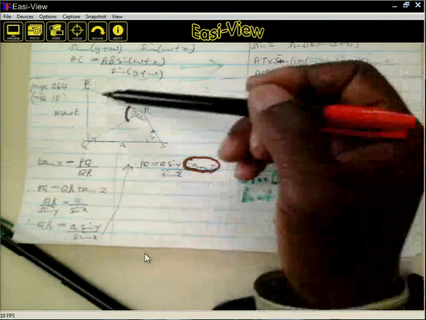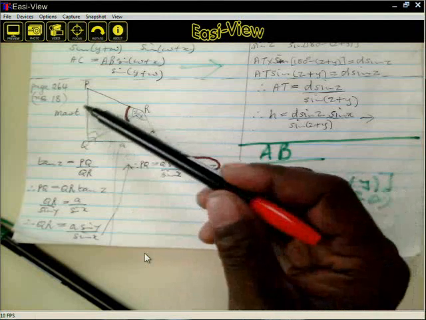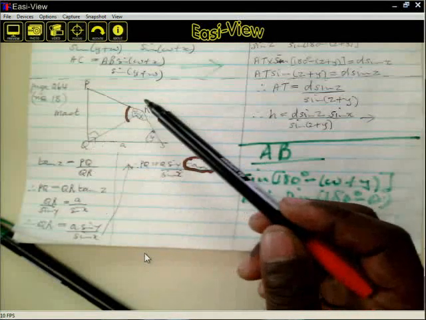Tan is opposite over adjacent, not over hypotenuse. So it is PQ over QR.